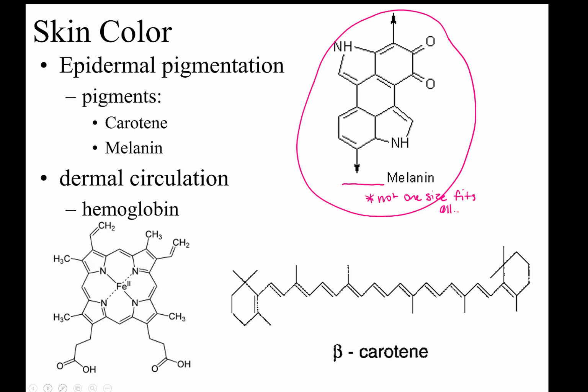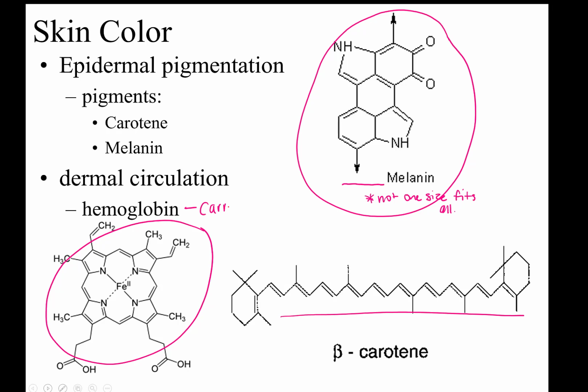Keratin is another one of the epidermal pigments, and it looks like this. So this is an orangish pigment. Melanin ranges from yellow, orange to black. The other thing that gives your skin its color is hemoglobin, which is right here. So hemoglobin carries oxygen in your blood. Specifically, the oxygen binds to this iron ion right here in the middle.